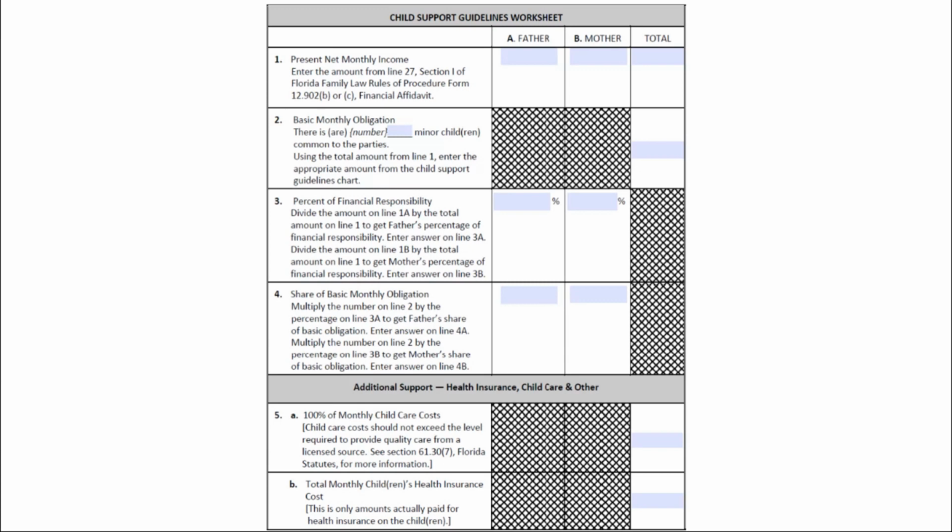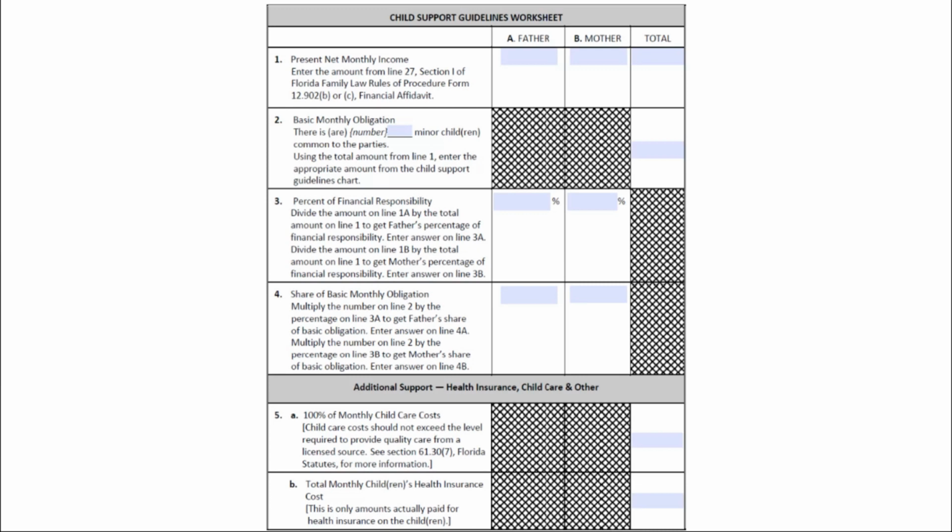Subsection 5B requires you to enter the total monthly child or children's health insurance cost. This amount should only reflect what is actually paid for health insurance for the minor child or minor children. This number should not include any amounts paid for any adults who may be under a similar plan, such as a family plan.